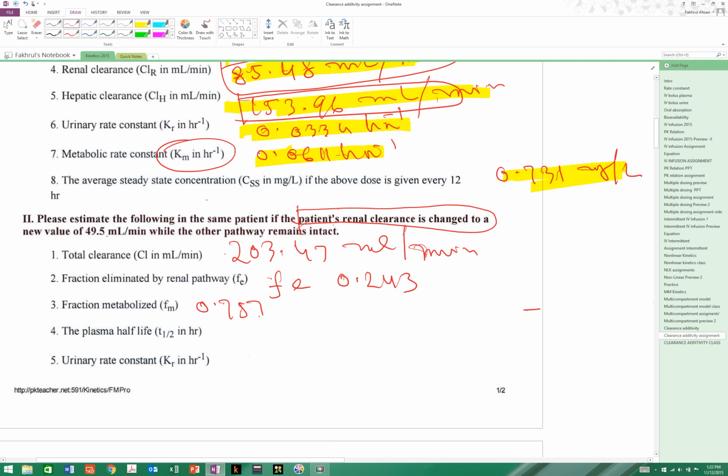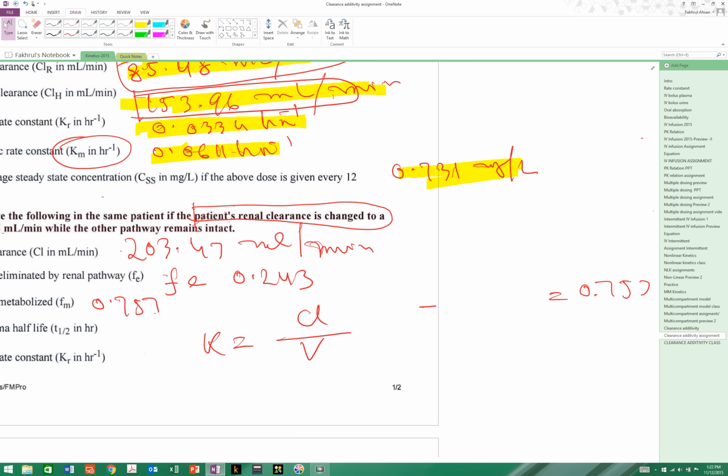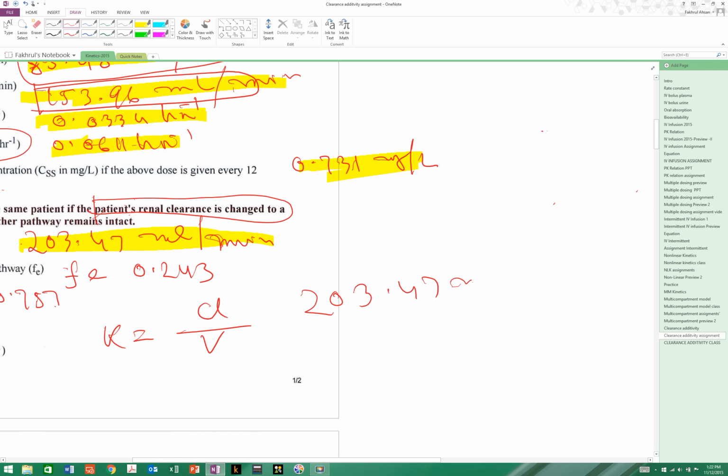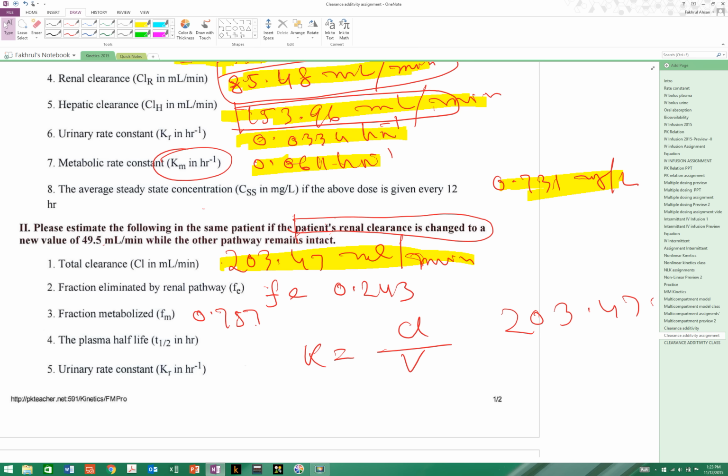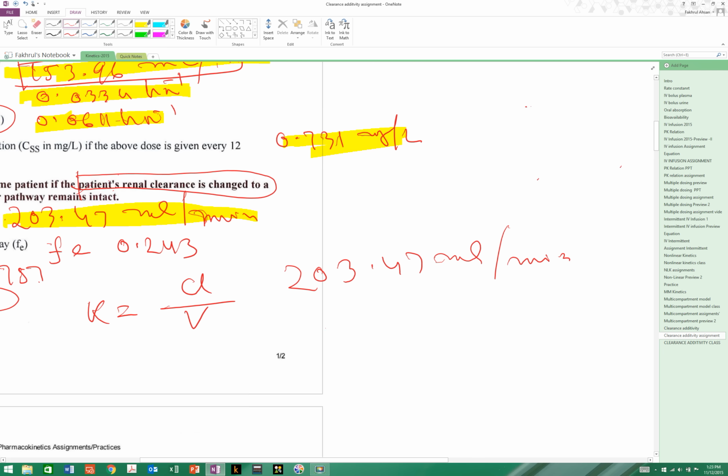Let's first calculate K, which is CL by V. Our new CL is 203.47 milliliter per minute, and T half we have to calculate in hours, so we have to convert this milliliter per minute to liter per hour.